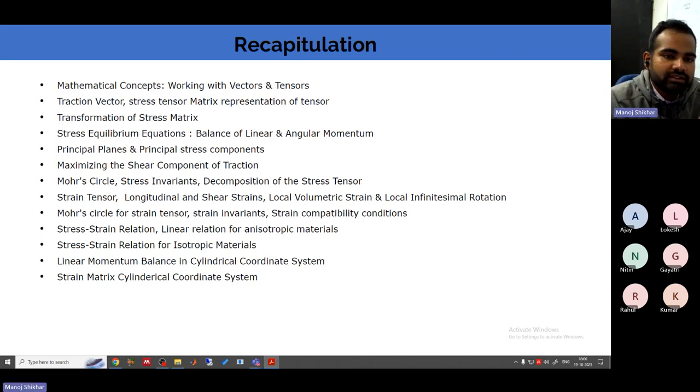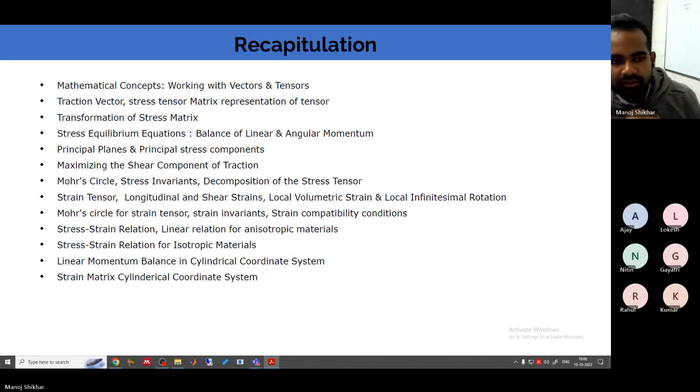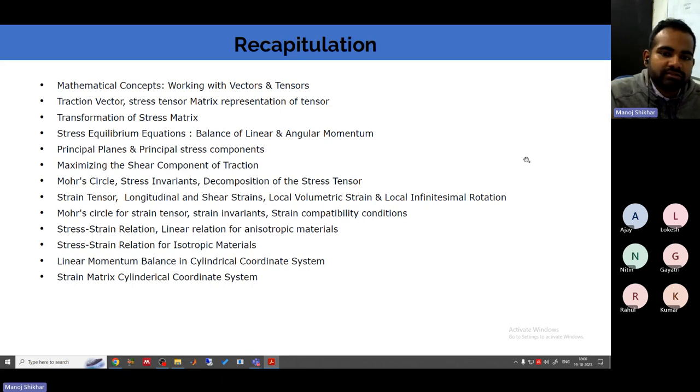Then we discussed the principal planes, the principal stress components, and how to maximize the shear component of traction. Then a new topic, the graphical representation called Mohr circle, was discussed. We saw stress invariants, and how to decompose the stress tensor into a hydrostatic part and a deviatoric part.